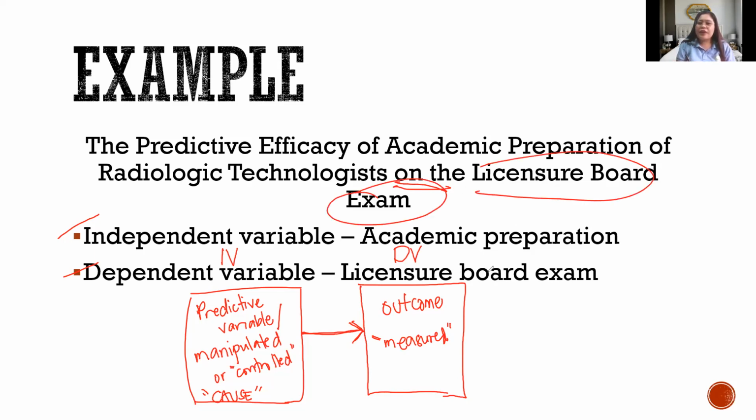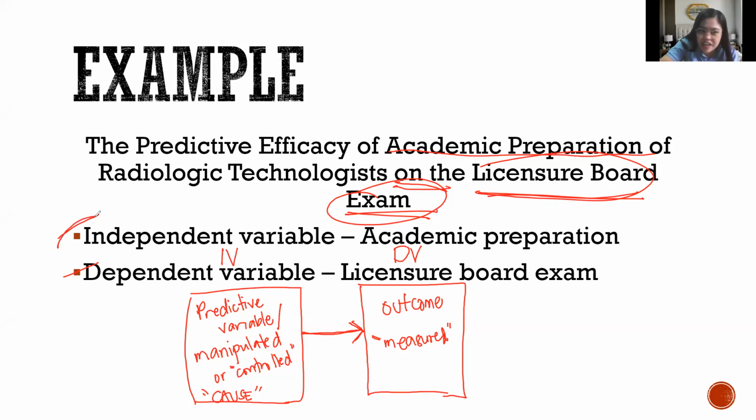So if it is the outcome, of course it is the dependent variable. What predicts this outcome is the academic preparation of the radiologic technologist. That is what predicts our outcome, which is the licensure board exam.